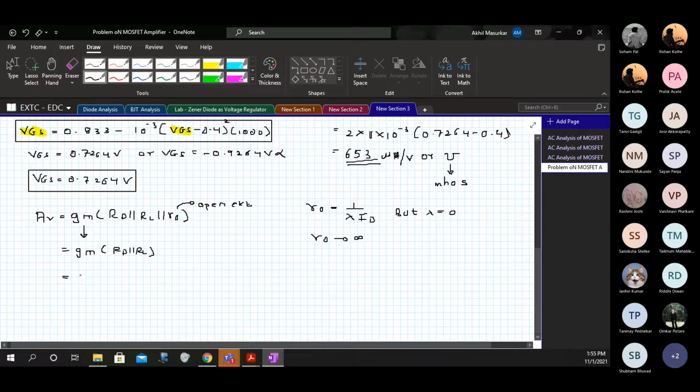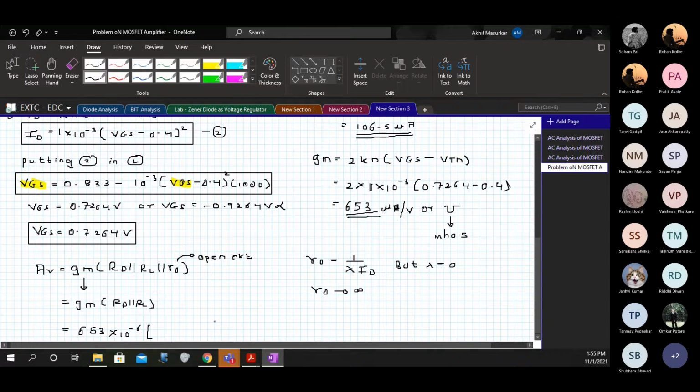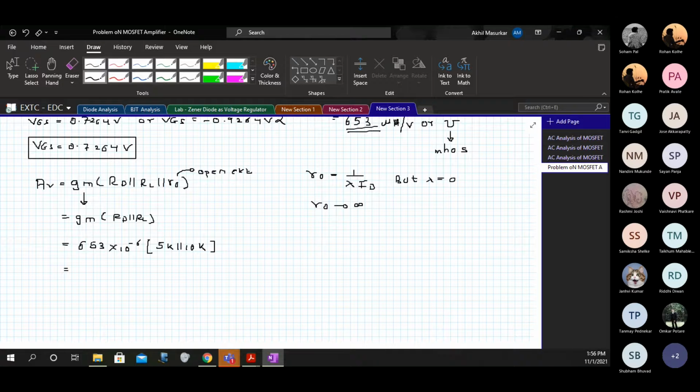This GM is going to be 653 into 10 raised to minus 6, into RD parallel RL. What is the value of RD? The value of RD is 5 and RL is 10. So that will be 5K parallel to 10K. So what is the value of gain? Can somebody tell me quickly?